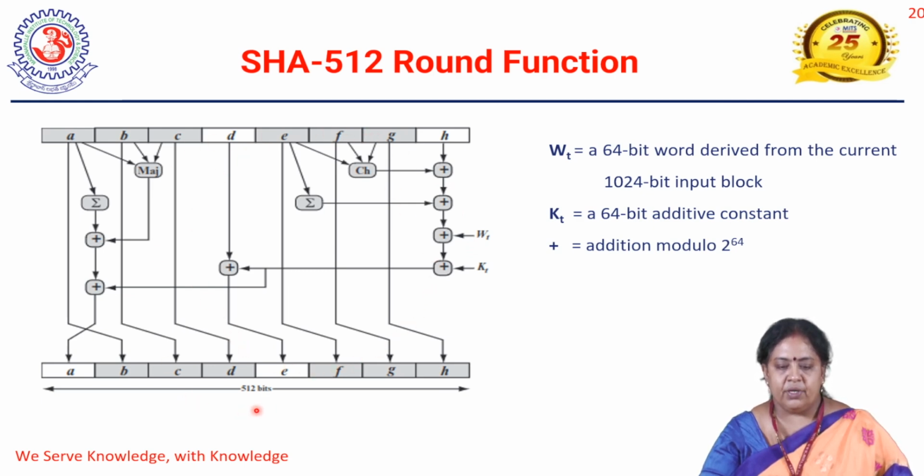The final will be 512 bits only. Again, this processing will be done in the next round. Finally, we perform addition with the previous hash buffer, so that we get the hash buffer that can be given for the next block.